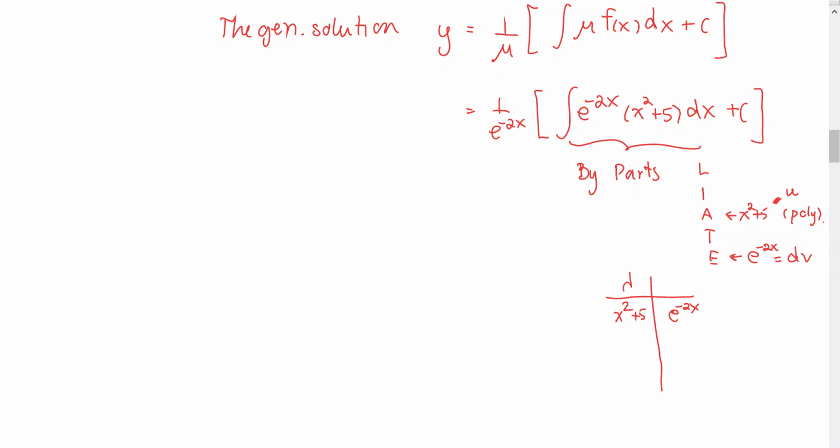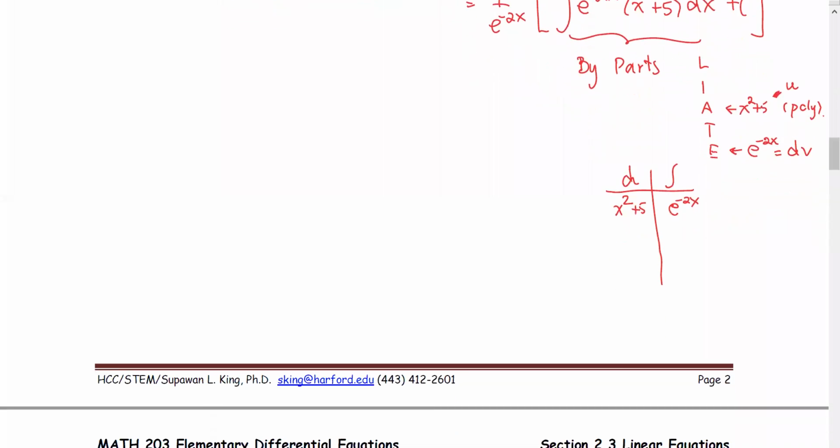In the left column, we are going to find the derivative until we get 0. In the right column, we're going to find the antiderivative until the last row. So on the left-hand side, x squared plus 5, by the derivative, we get 2x. Keep going, we get the next derivative as 2 and the last derivative 0. That's the end of the table.